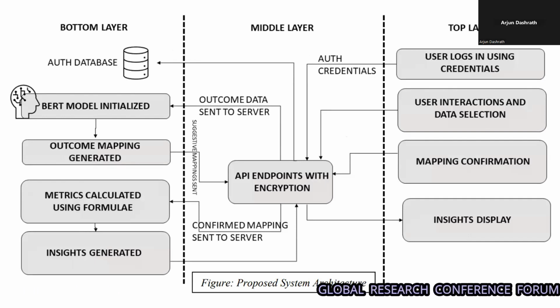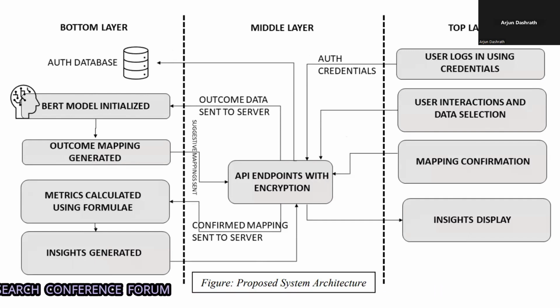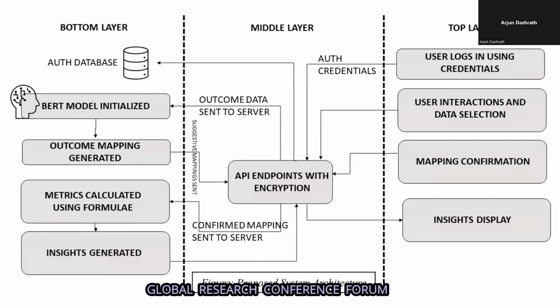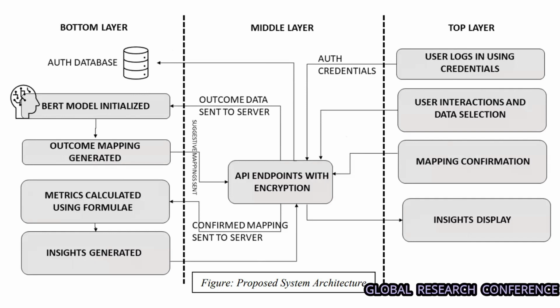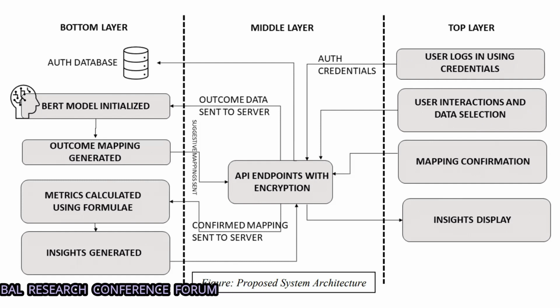Thank you, Palak. So this is how we have designed the architecture. We have a triple layered architecture: a bottom layer, a middle layer, and a top layer. Let's first start with the bottom layer. In the bottom layer, we'll obviously have the databases that are used for validation, and maybe in future scope we'll store the context data in the database as well, which we are not doing right now.